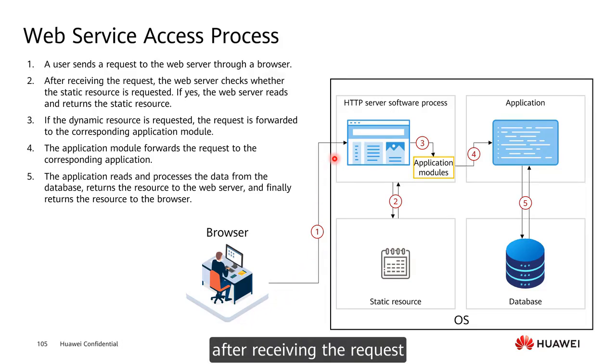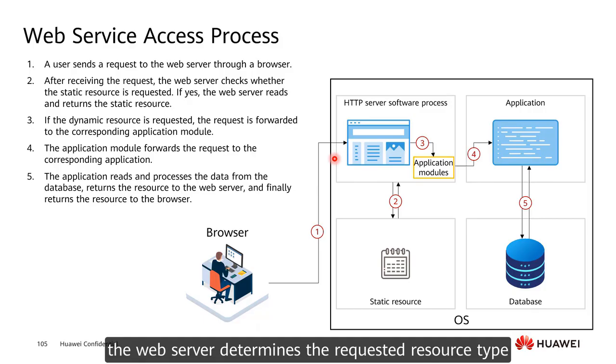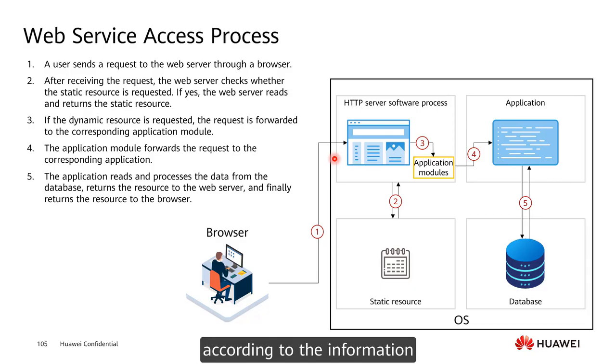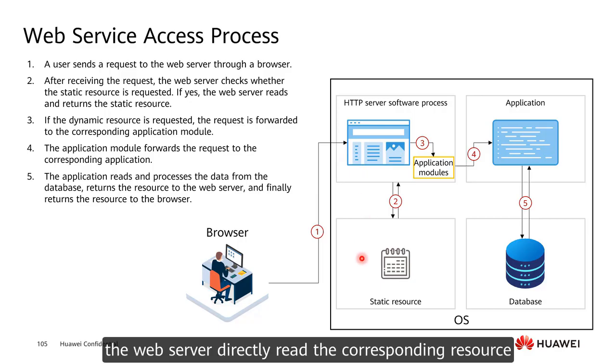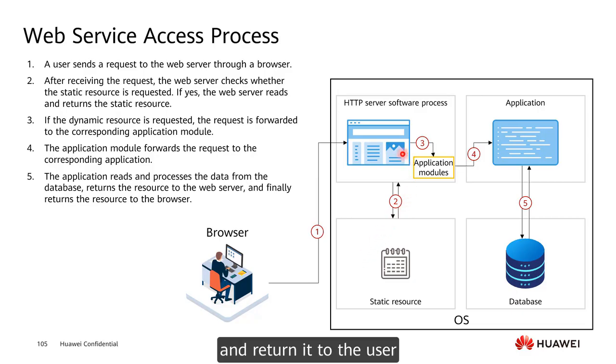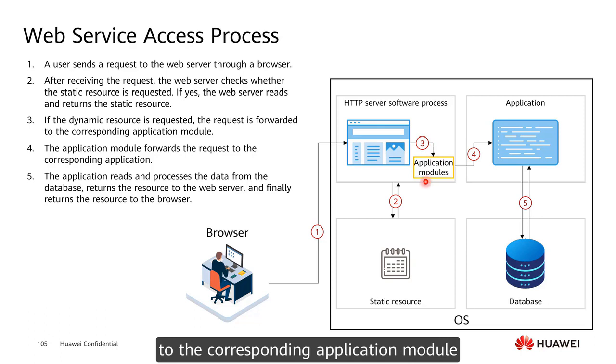After receiving the request, the web server determines the requested resource type according to the information in the request packet of the user. If the resource is static, the web server directly reads the corresponding resource and returns it to the user. If the resource is dynamic, the web server forwards the request to the corresponding application module.